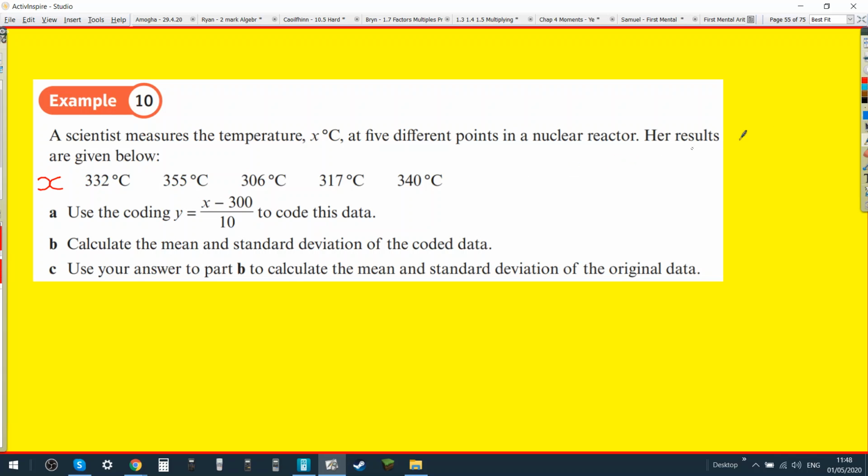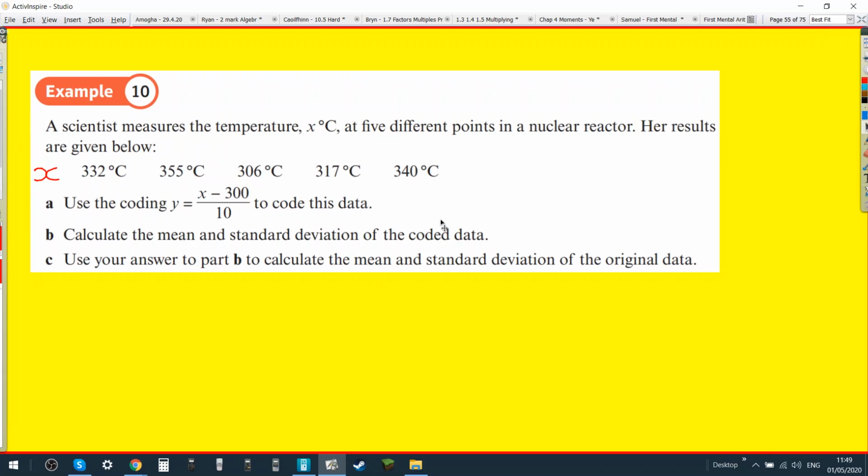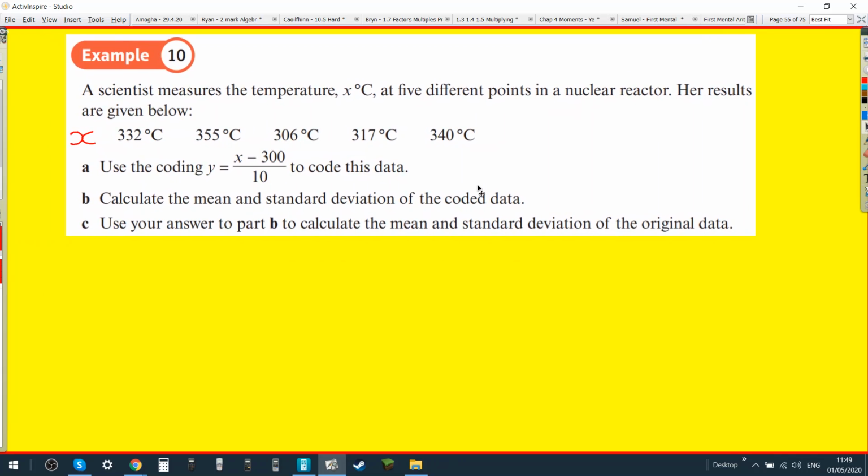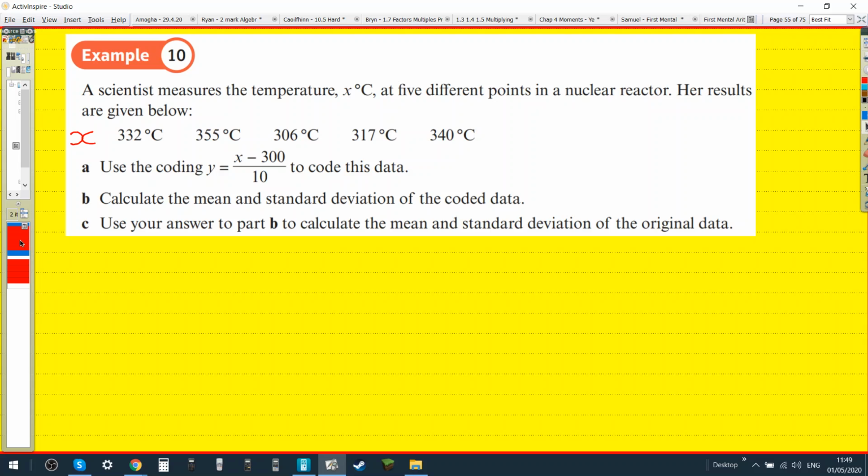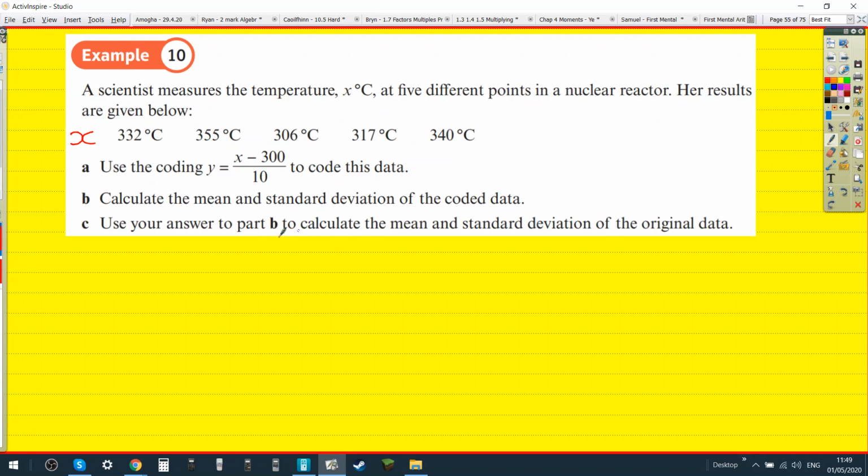So these are the x's. What is the y for each of those? If you sub it in. So for the first one, would it be 3.2? Yeah.